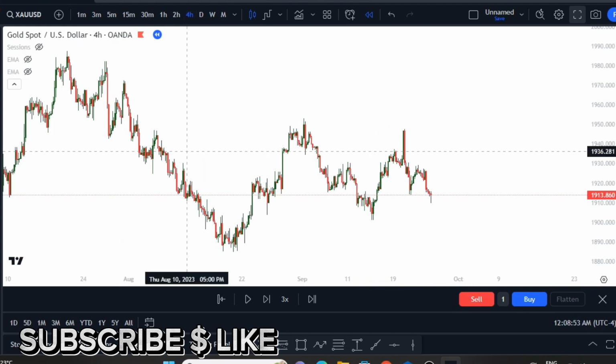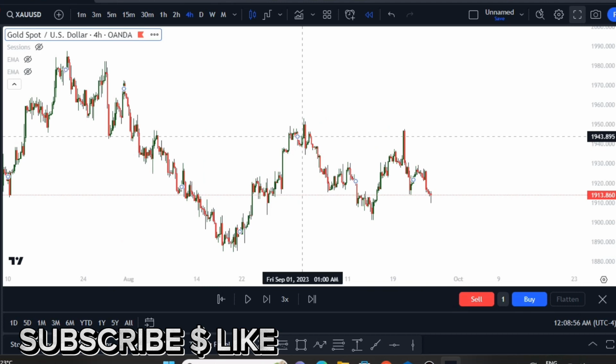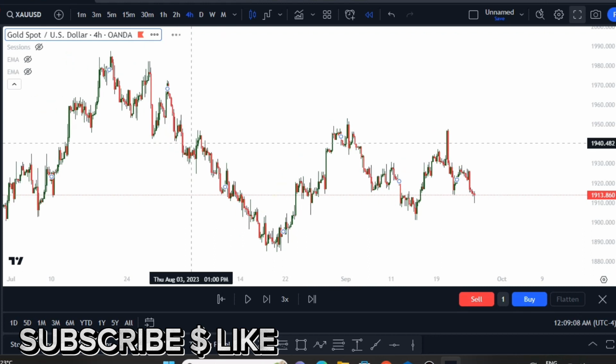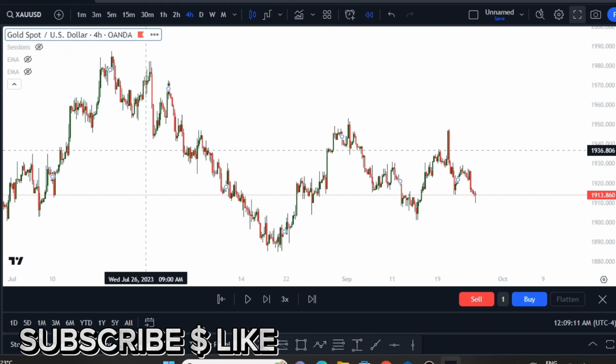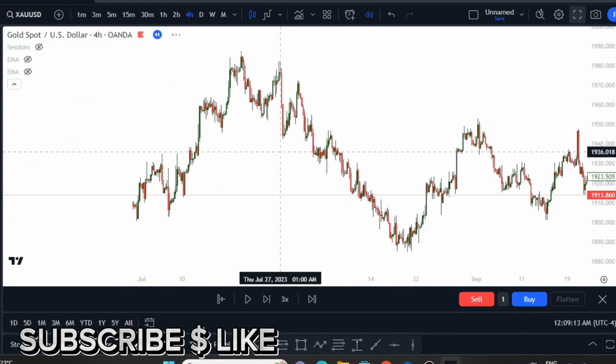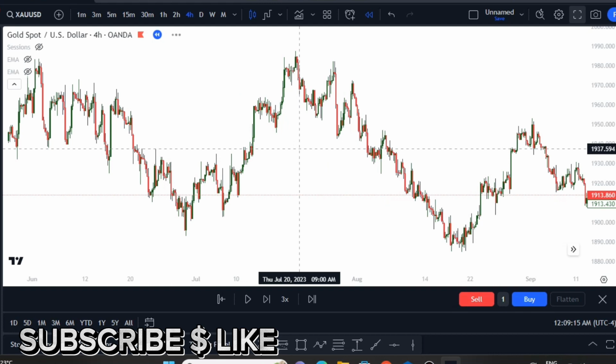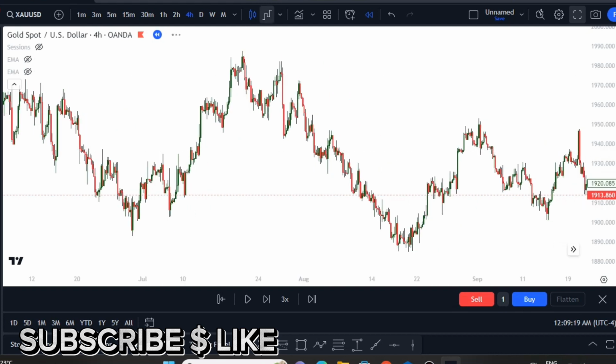Another secret about gold is don't use wide zones. Don't use wide support areas or wide resistance areas. Let me tell you something, gold respects very tight zones, and you're going to see it now. I will be drawing out my zones by using this price representation.